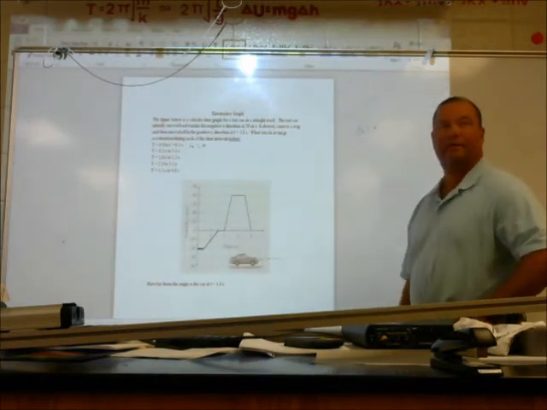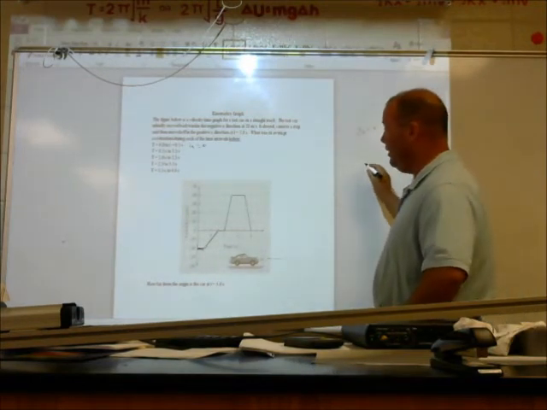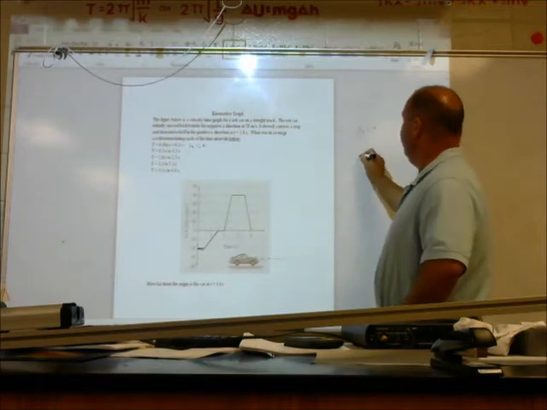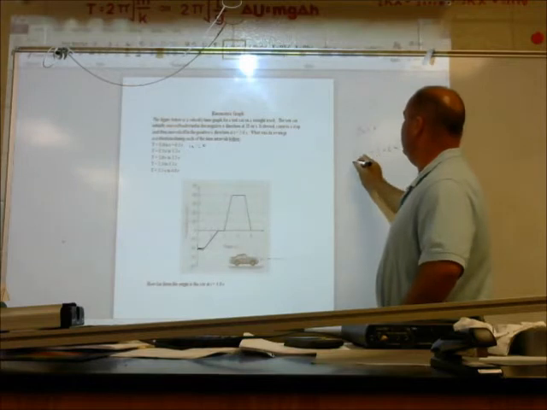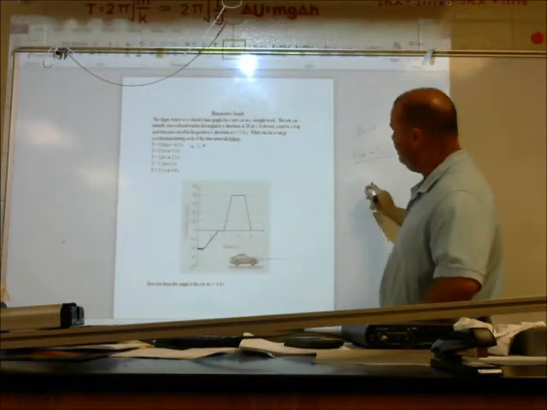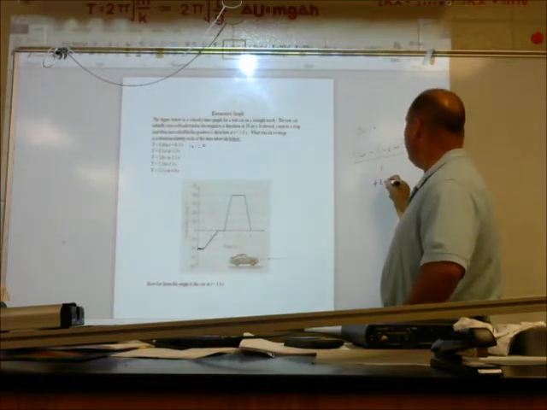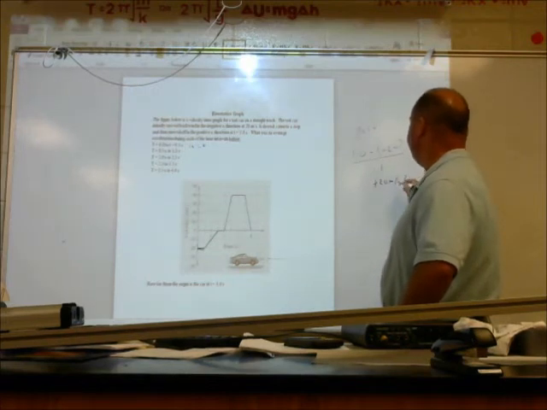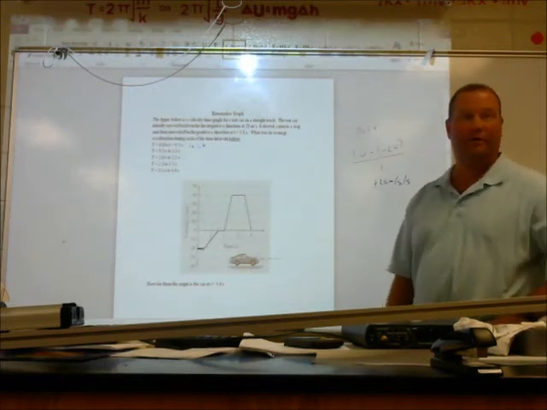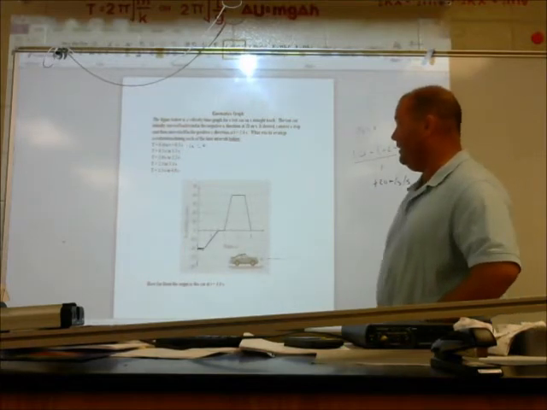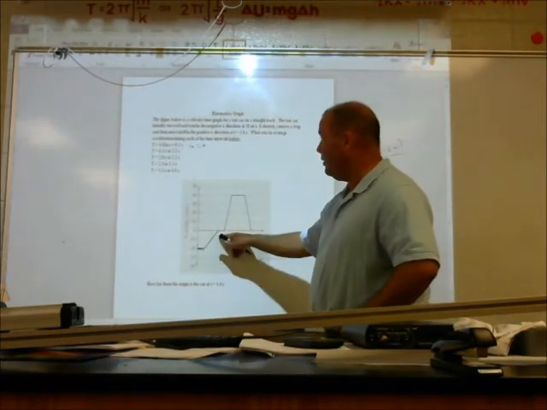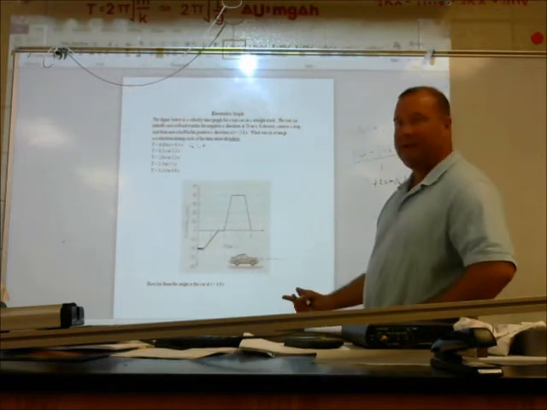My velocity goes from negative 20 to a final velocity of 0, so 0 minus negative 20 over the time of 1 second, or plus 20 meters per second per second. Is everybody good there? Then from 1.5 to 2, it's not moving.